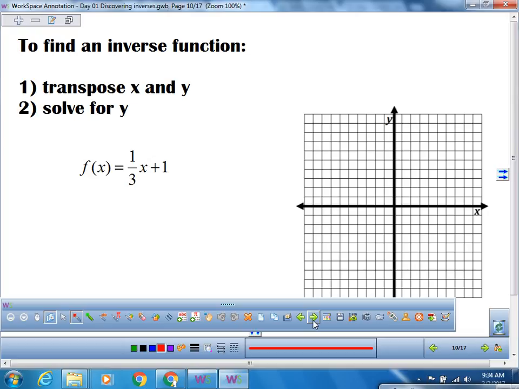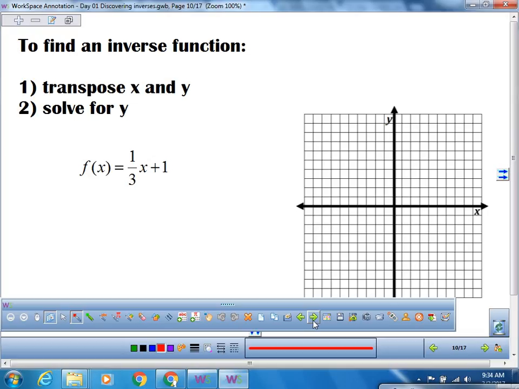You guys have whiteboards. Can you show me this transpose? I don't want you to graph it. I just want you to do it with an equation. Can you transpose x and y and give me the new equation? I want the inverse.